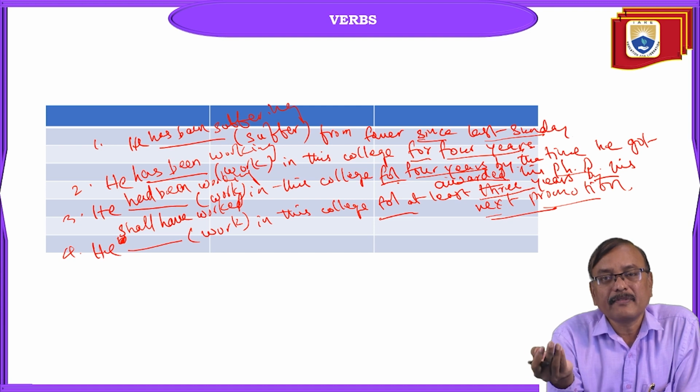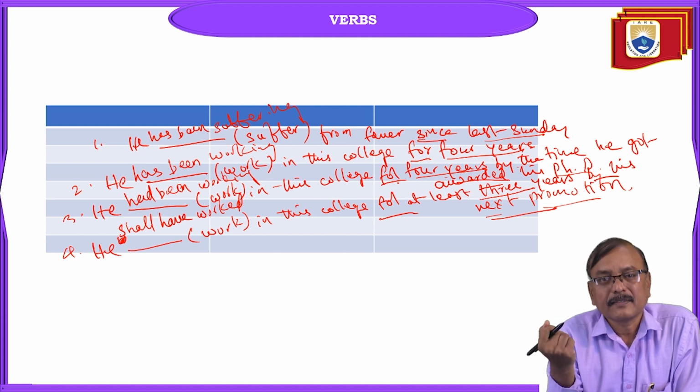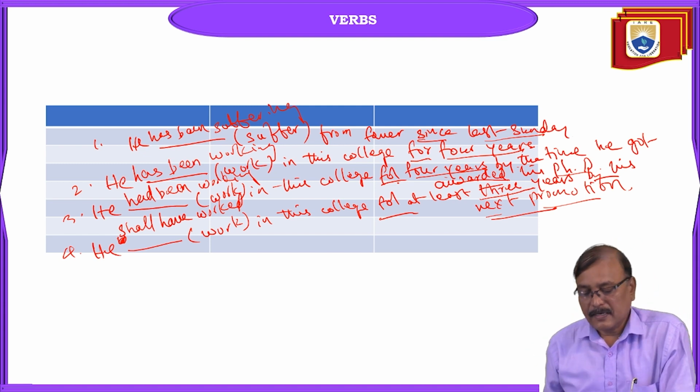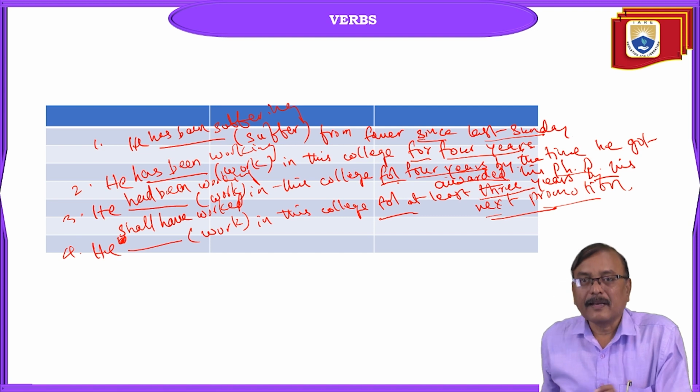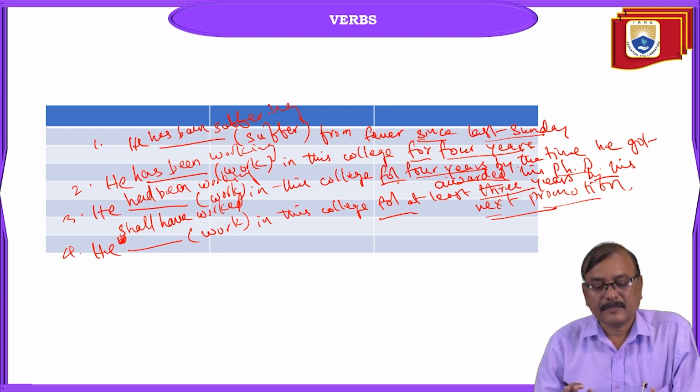Even you can say he will have. But shall here is just a type of obligation, just it's better, or it should be like that. Here in modal auxiliaries, I will tell you the difference between shall and will, should and would. We discuss all modal auxiliaries.